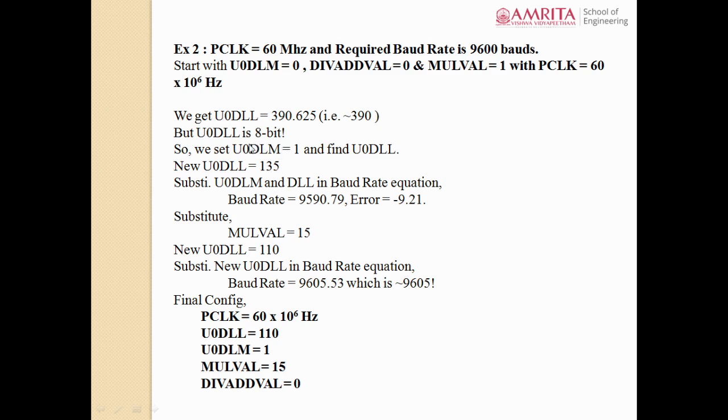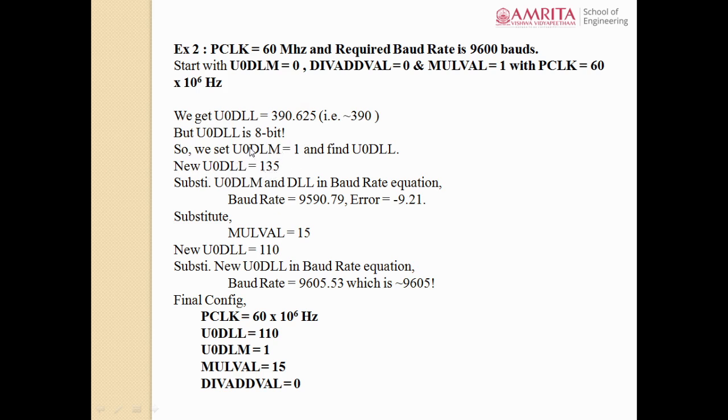So here I am making U0 DLM as 1. Previously I configured U0 DLM as 0, but you were getting a 9-bit value, and I cannot configure a 9-bit value in U0 DLL. So in order to change the 9-bit to 8-bit, you make U0 DLM as 1. You will get U0 DLL as 135.